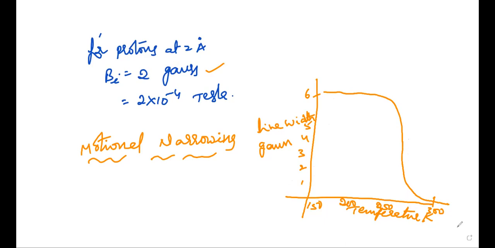This abrupt decrease in line width above 230 degrees K occurs when the diffusion hopping time tau becomes shorter than 1 by gamma Bi. So from this graph, the line width decreases for nuclei in rapid motion.